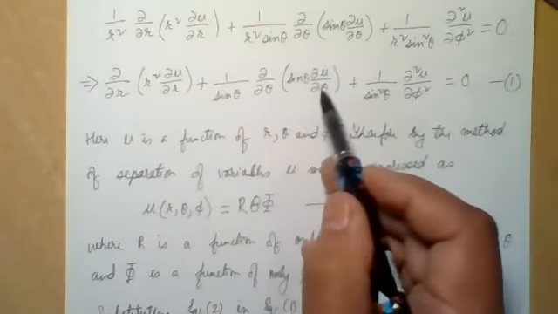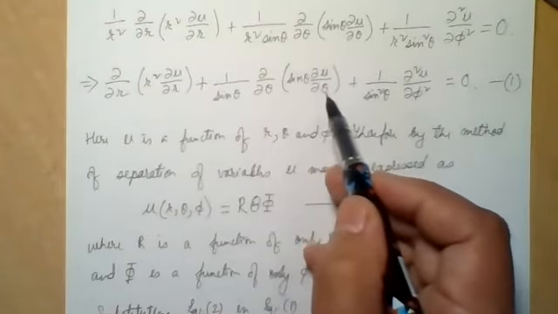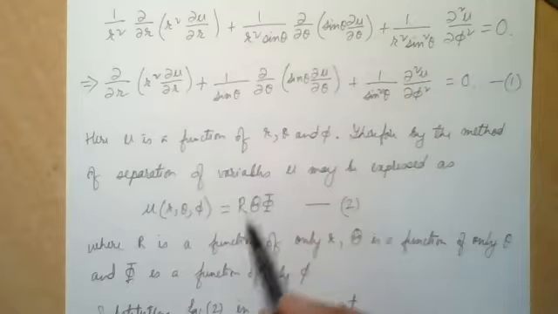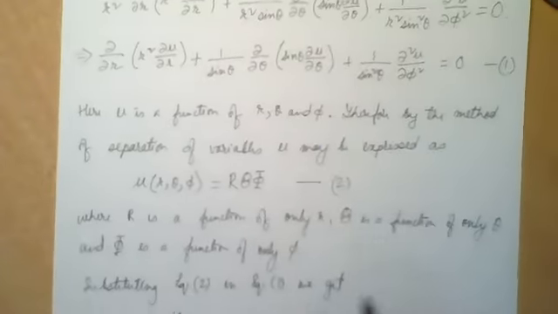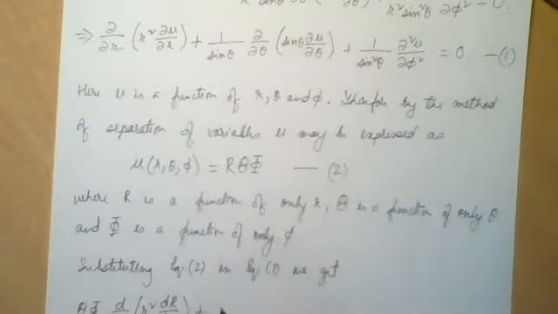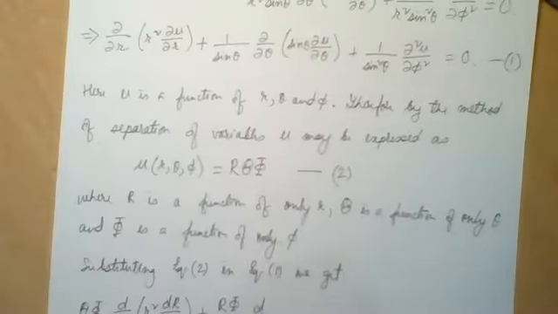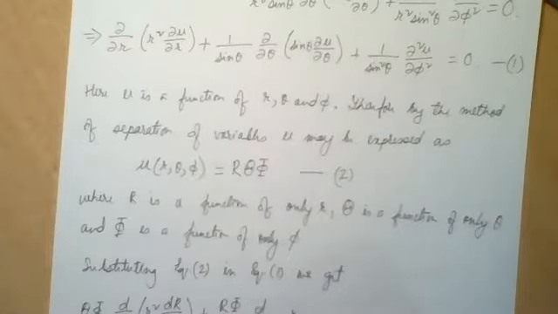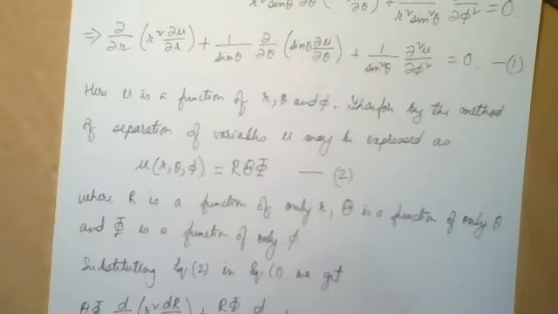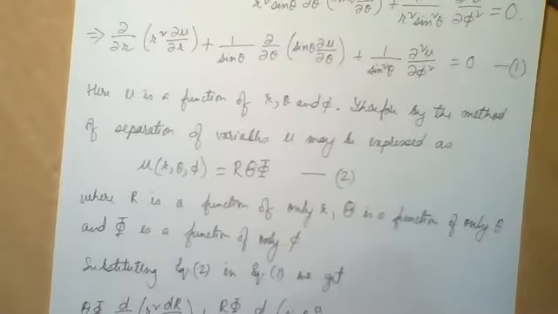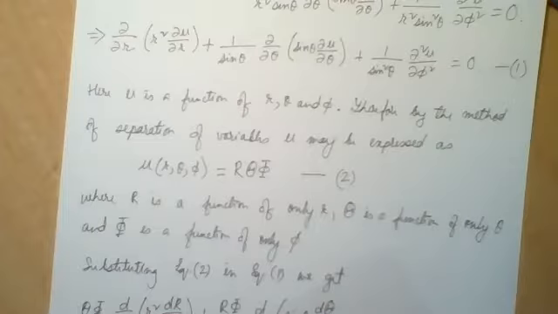Now second, here we are differentiating with respect to small theta, so we can take R and phi outside. So this is plus capital R, capital phi divided by sine theta, d by d theta of sine theta d capital theta by d small theta.